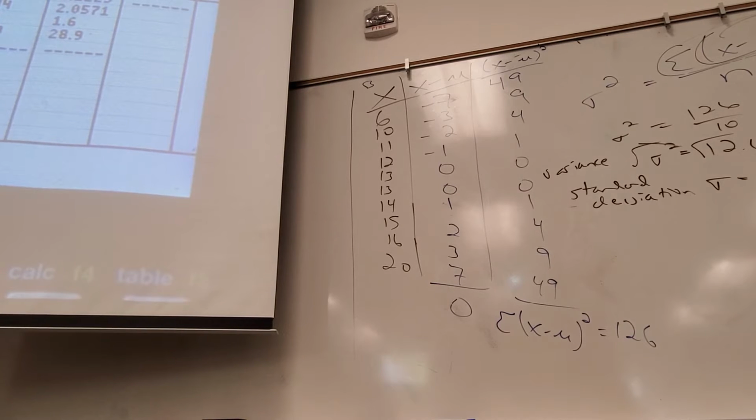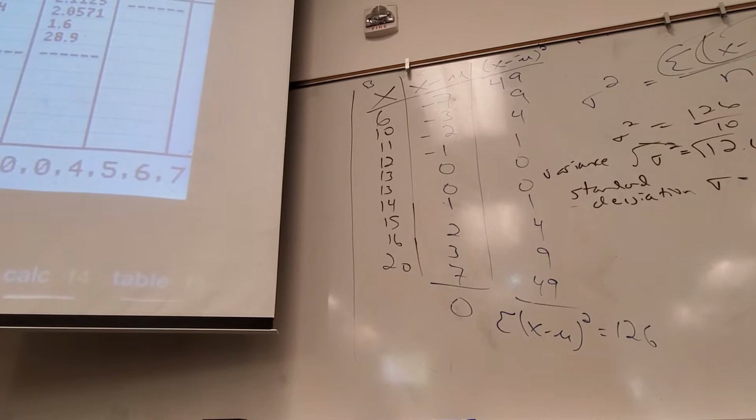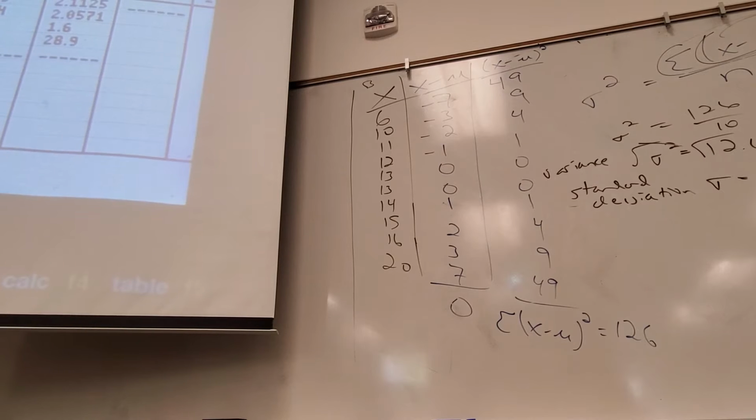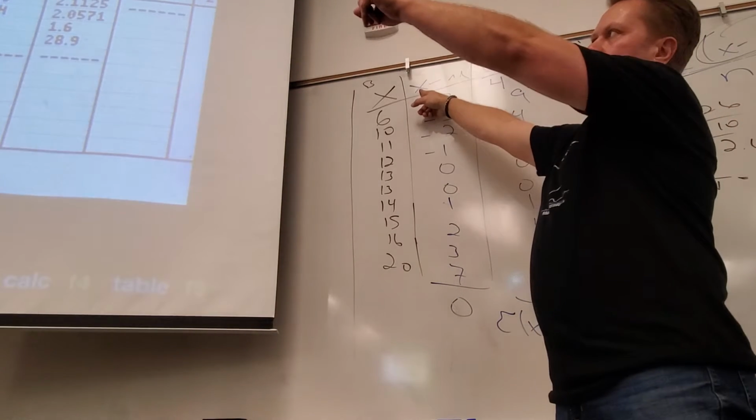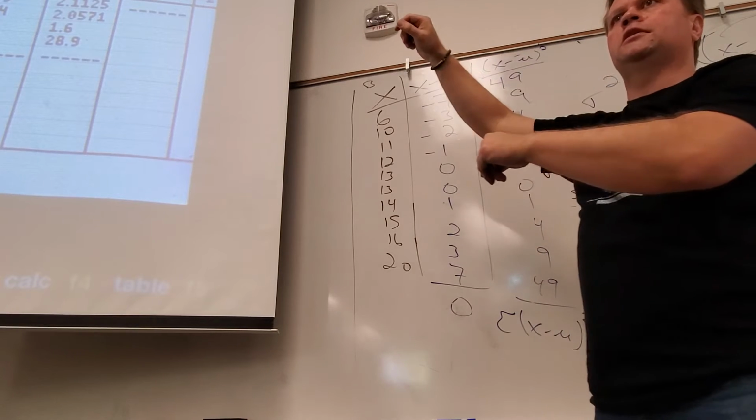Do I want to put something in that spot where I'm at right now? No, I want to put something in the whole list. So you better highlight the list. I'm going to define what list 2 is. What's the definition for list 2? The x is L1 minus the mean, 13.